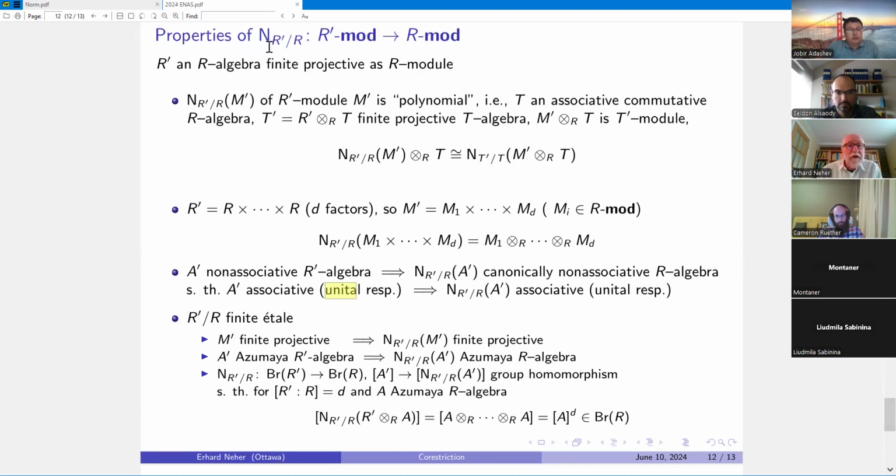For this, I need to assume that R prime is not only finite projective, but that it's finite étale. And then M prime finite projective implies that the norm is finite projective.